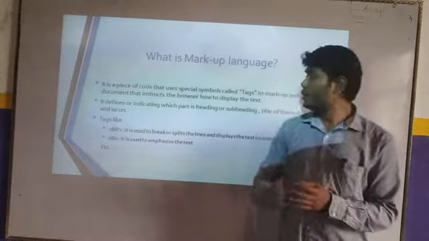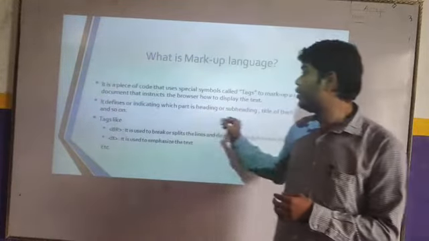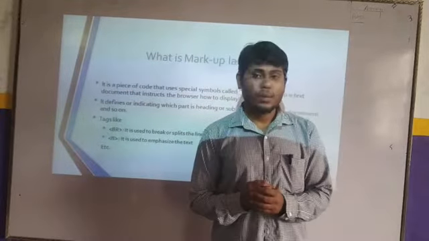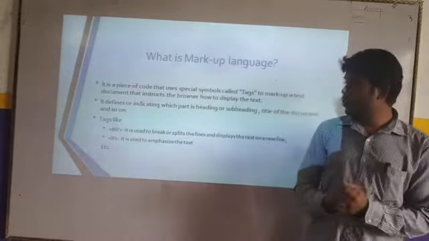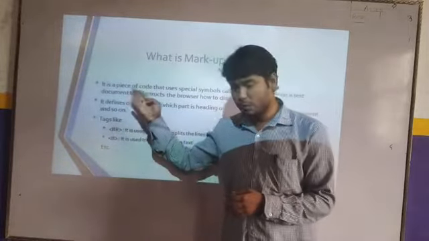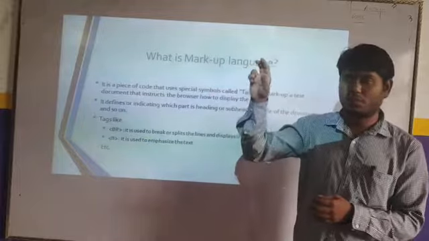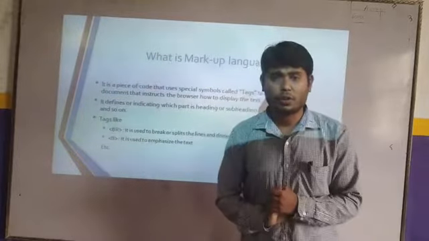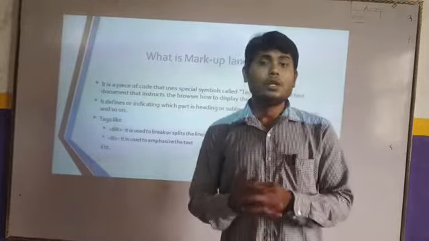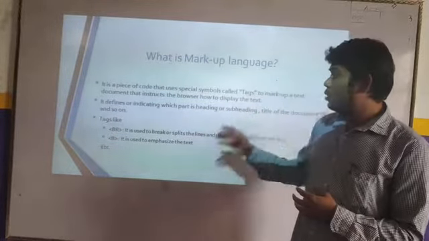It defines or indicates which part is the heading or subheading, the title of the document, and so on. So it is used to declare which part is the heading of a document, which part is the subheading, which part is the title, which part is the paragraph, and so on.